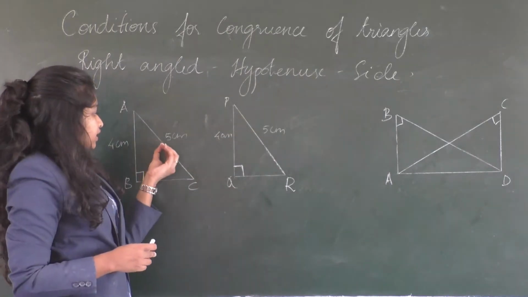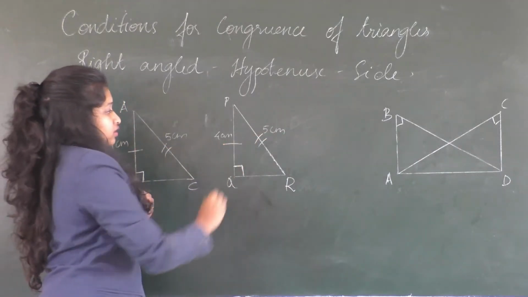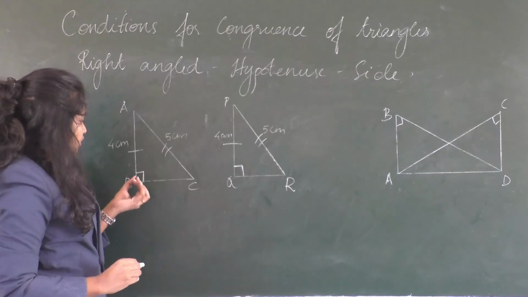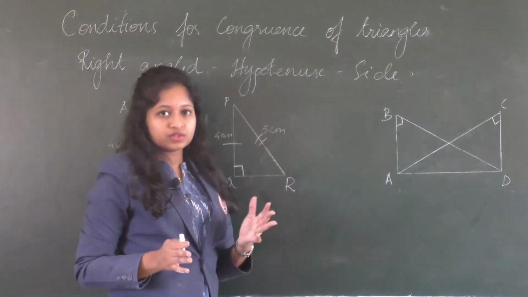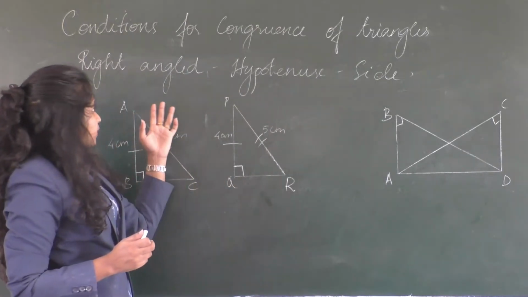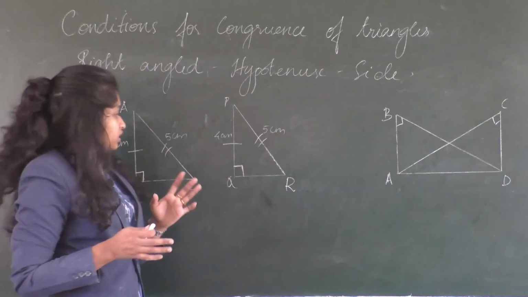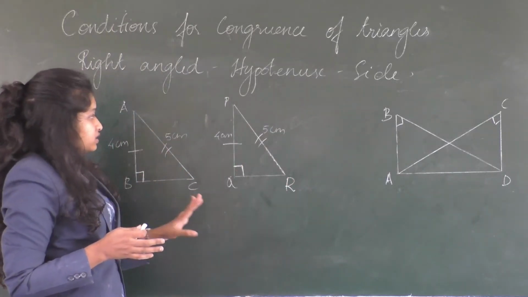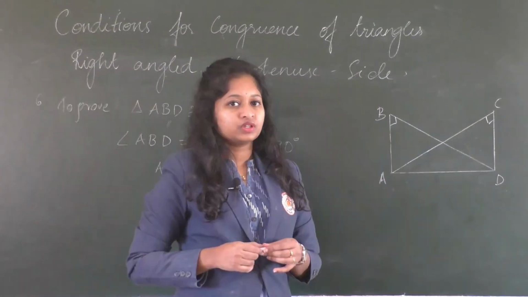That means the hypotenuse and the side are equal and it is a right angle triangle. That means we can conclude that by right angled hypotenuse side congruence, triangle ABC and triangle PQR are congruent.